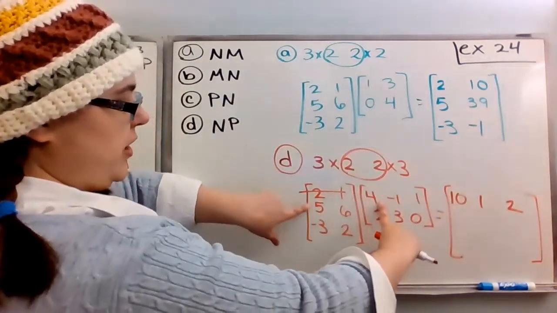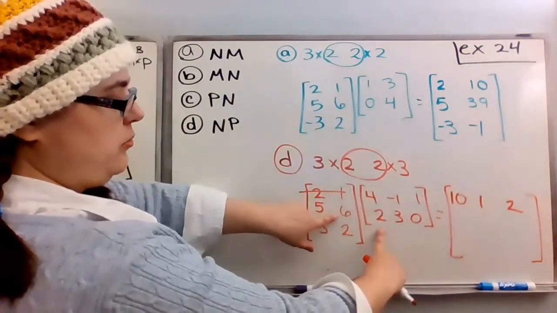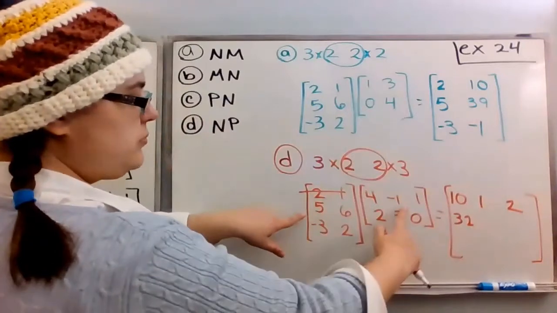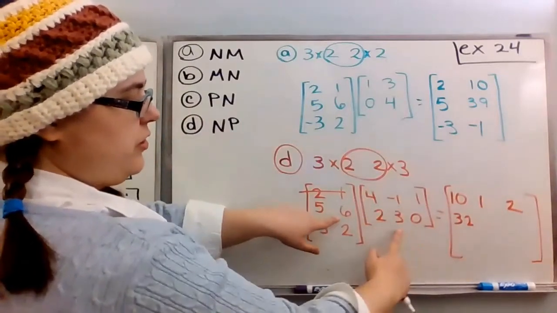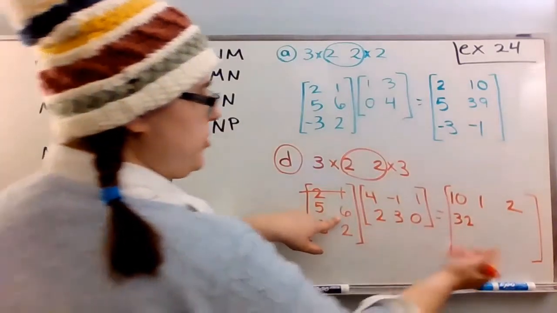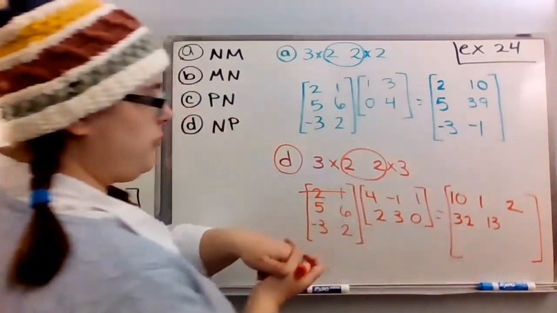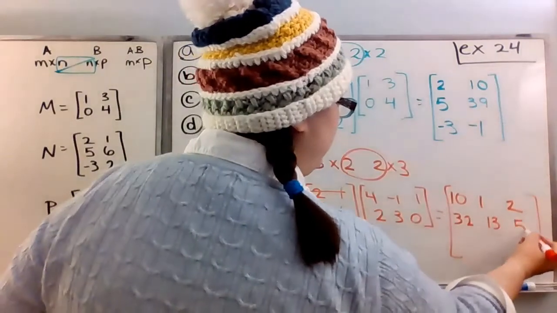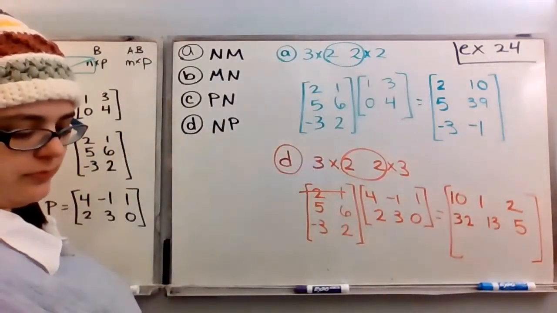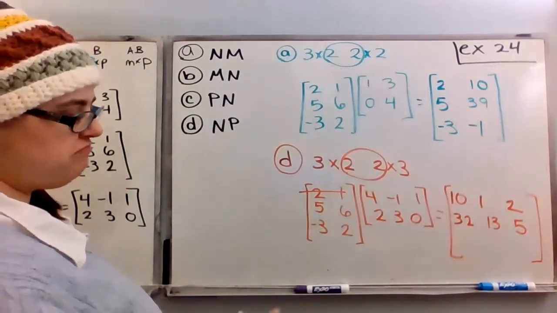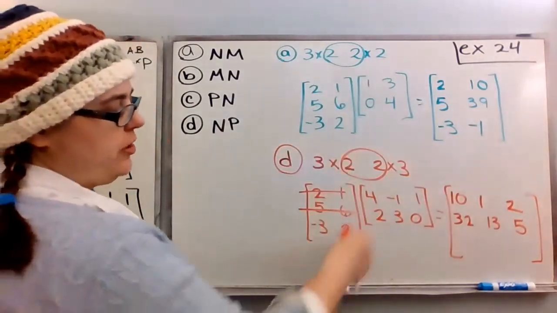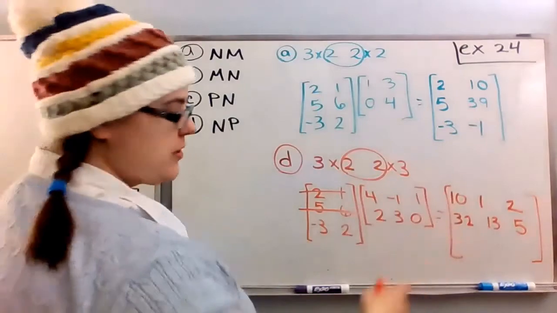So the second row times each of these columns. This is going to give me 20 plus 12, which is a 32. -5 and 18, which is 13. And then 5 and 0 is just a 5. Okay, we're done with row 2 here. So we're going to do the third row times, again, each of these columns.